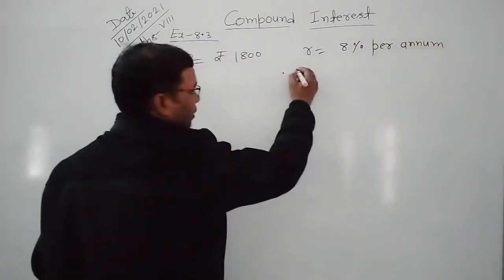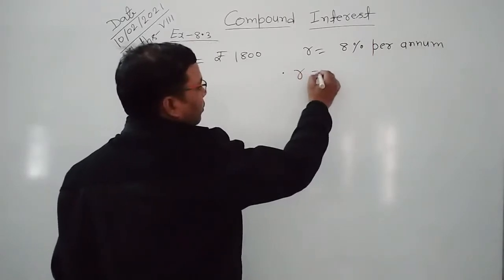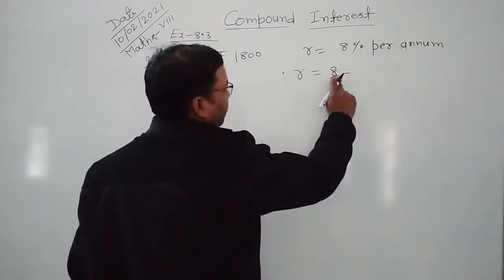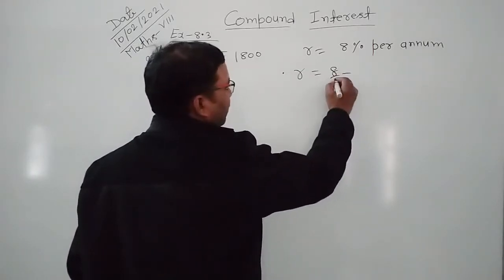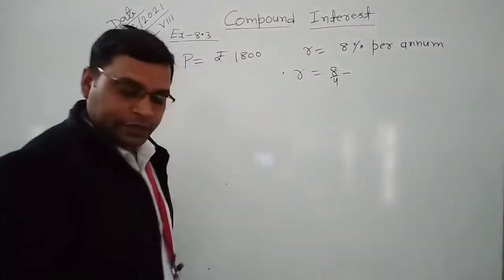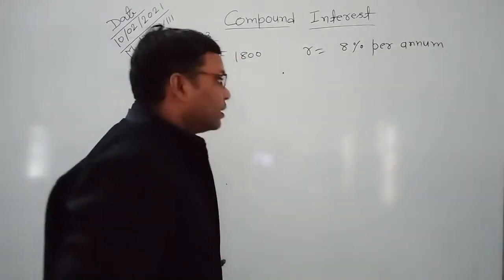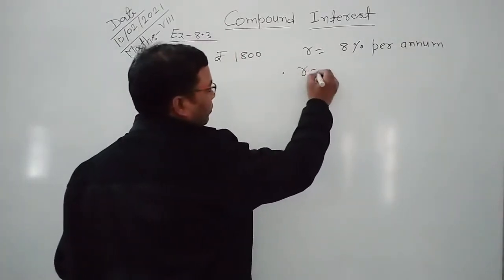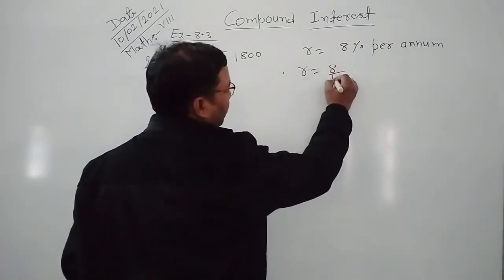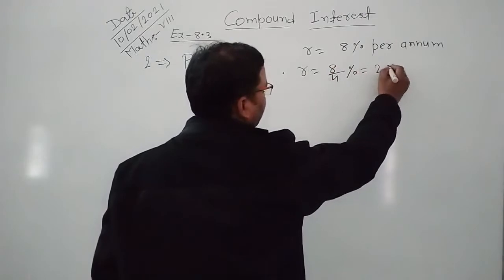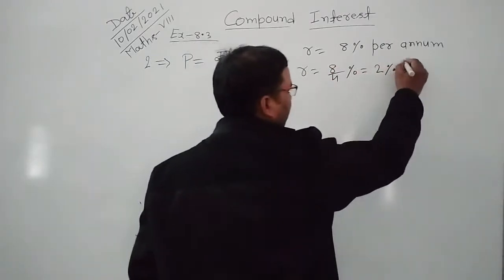But here the rate is equal to 8 by 4, which is 2 percent per quarter.